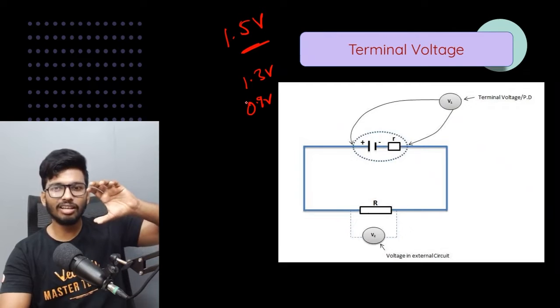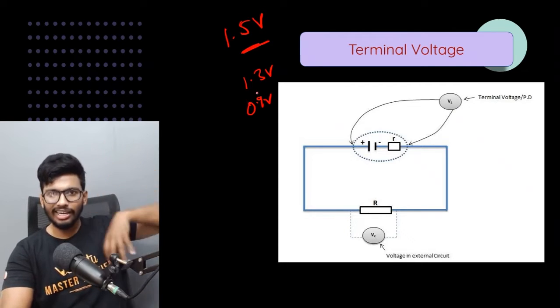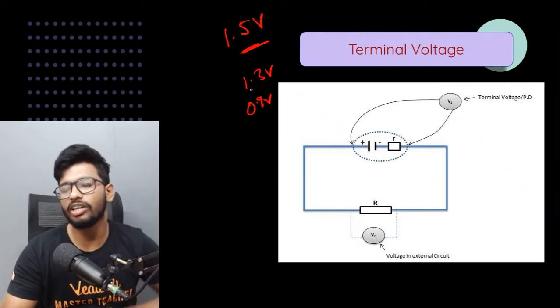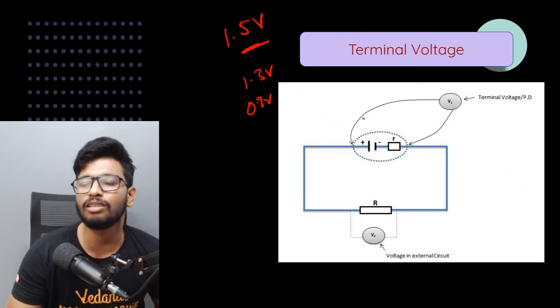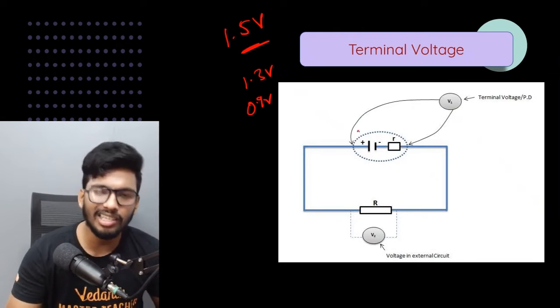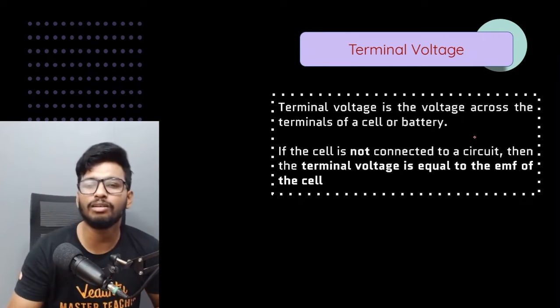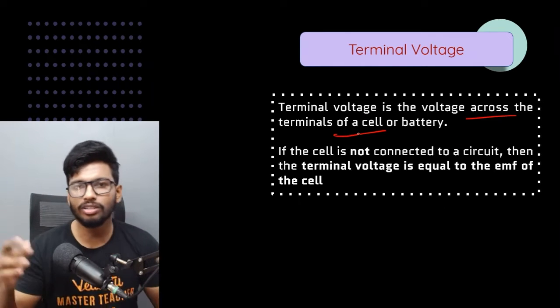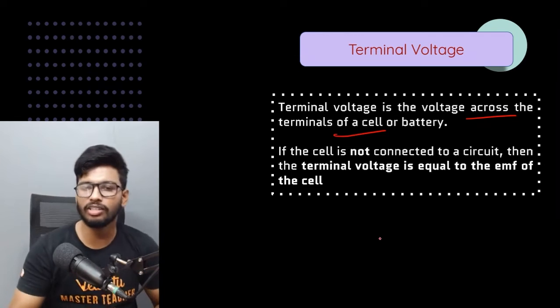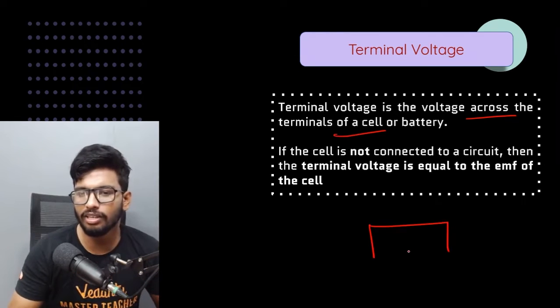So the voltage that you're actually getting when you turn on the switch is what is called the terminal voltage. Or you can say that terminal voltage is defined as the voltage across the terminals of the cell or the battery. If I take a simple conductor, this is what is known as terminal voltage.